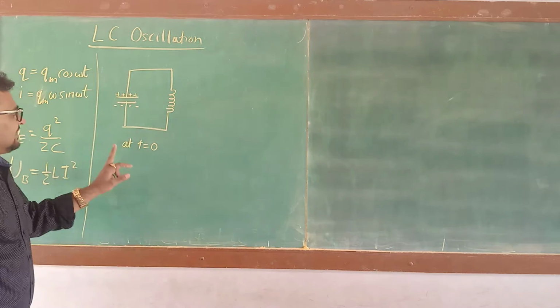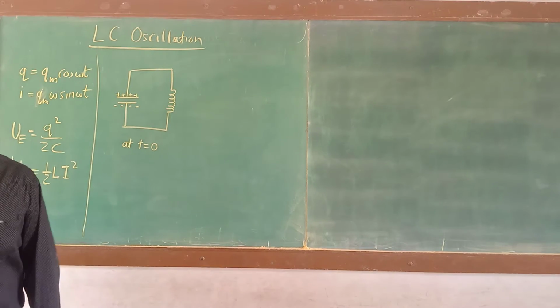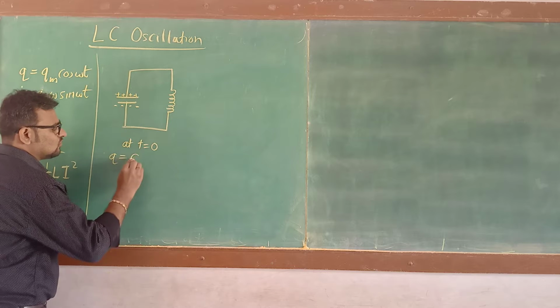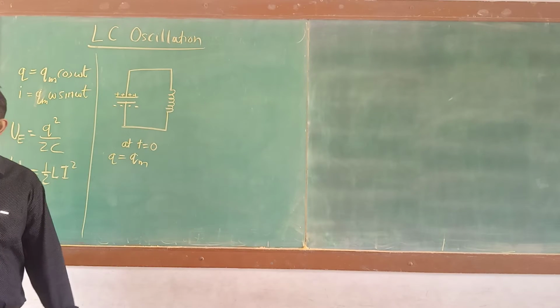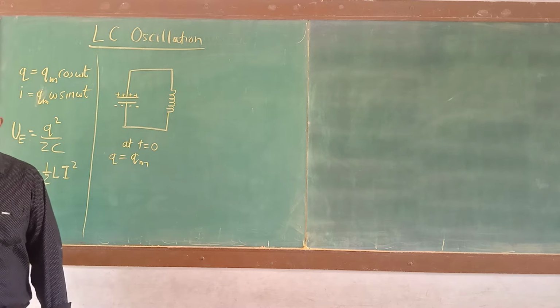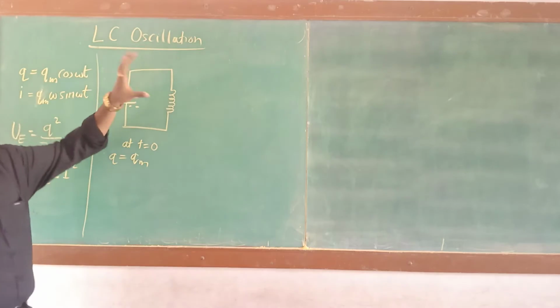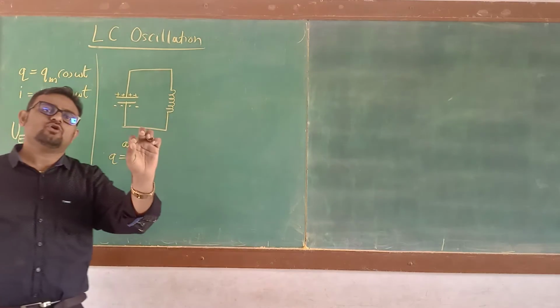Now at t equal to 0, the charge is maximum, Q is equal to Qm. And what is the current? Initially 0. Initially the capacitor is fully charged, but the current flowing in the inductor is 0 at t equal to 0.